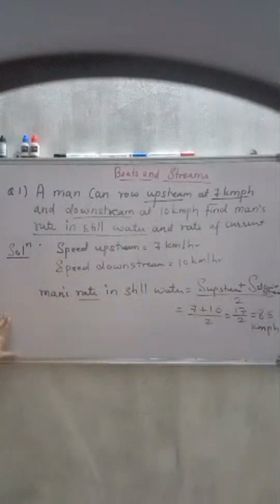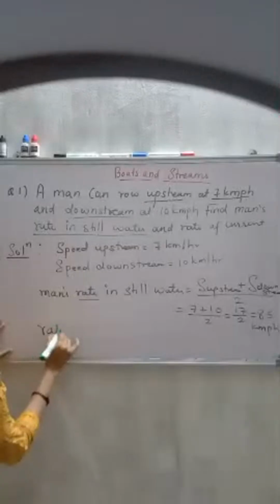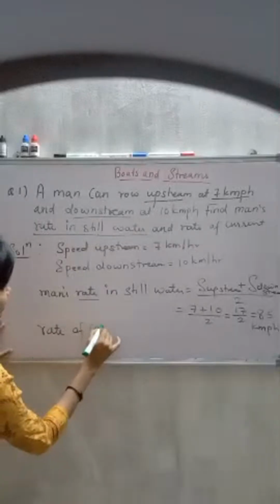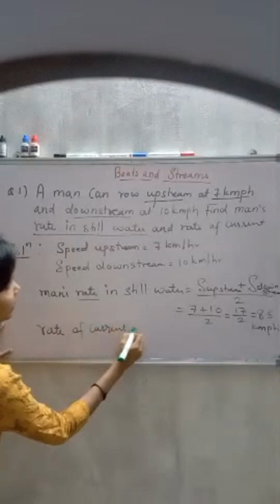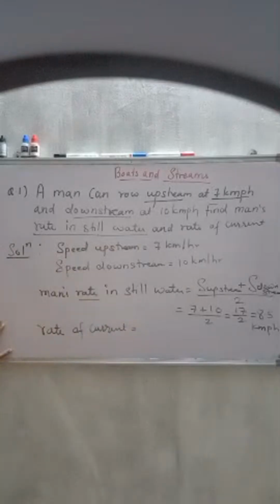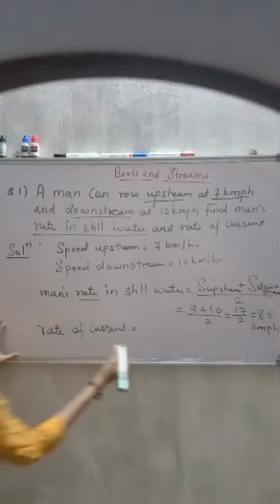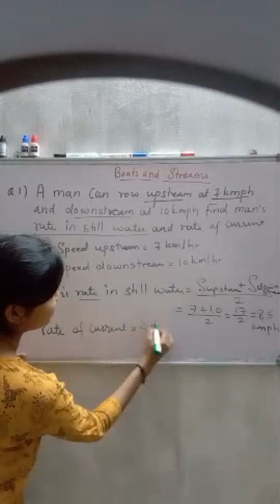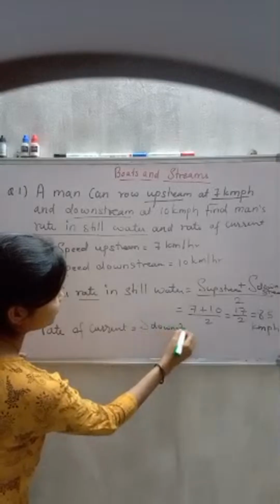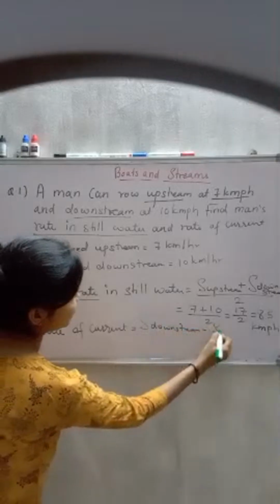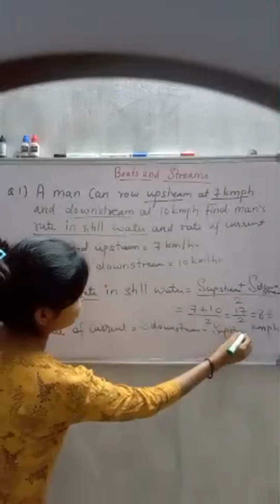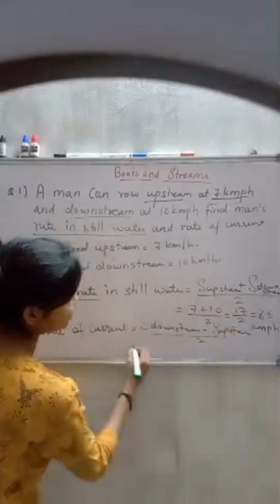Now next is rate of current. Rate of current will be speed downstream minus speed upstream divided by 2.